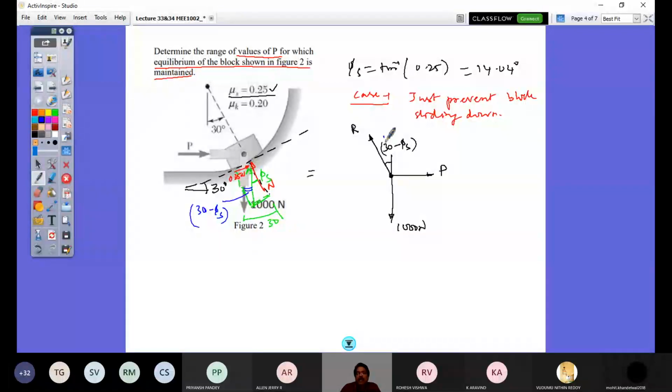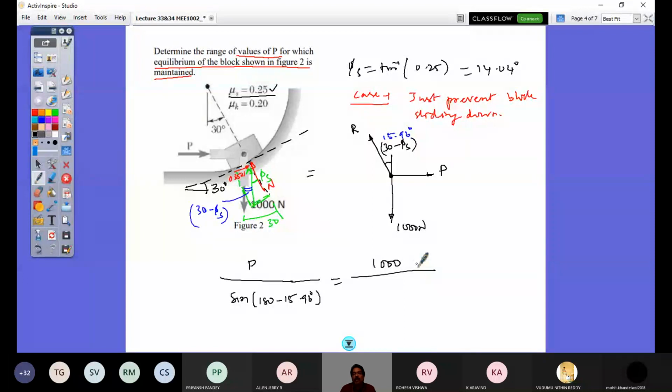So when I do that, P by sine of the angle included by the other two vectors, so sine of 180 minus 15.96 degrees, will be equal to 1000 divided by sine of the angle included by the other two vectors P and R. It is 90 plus this, so 90 plus this is 105.96 degrees.